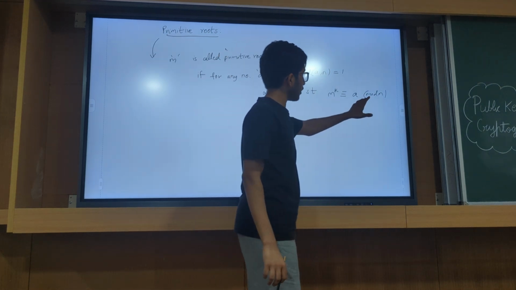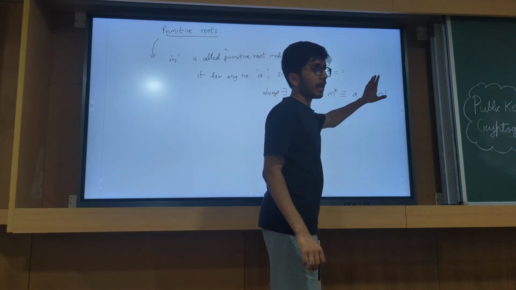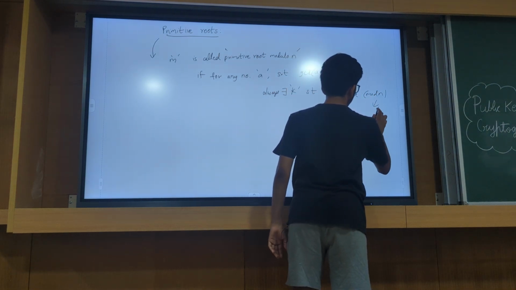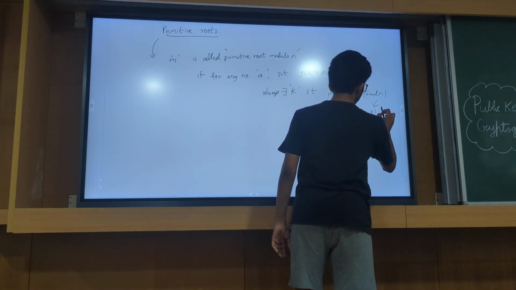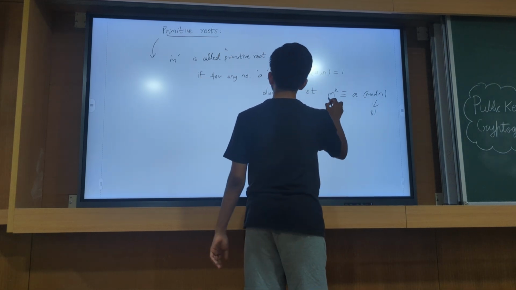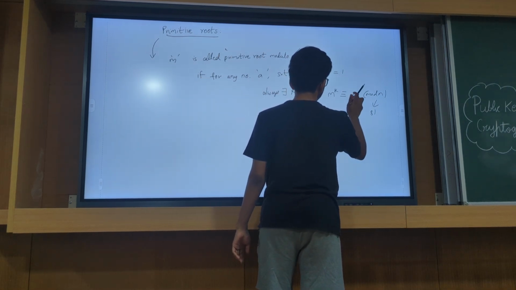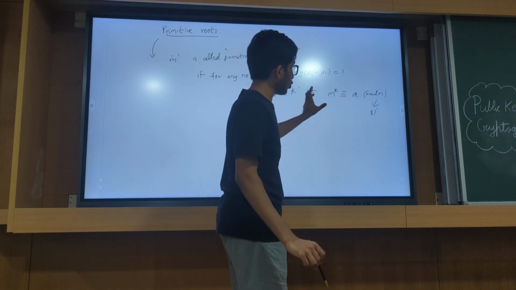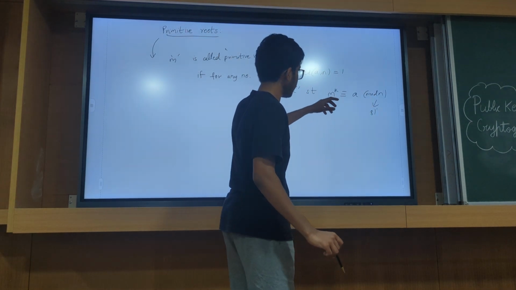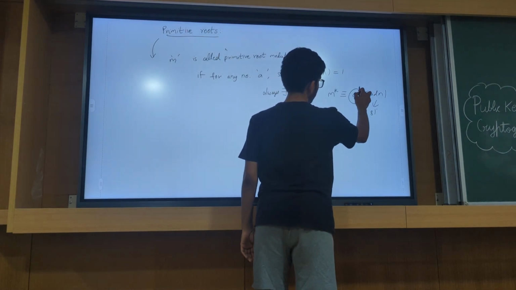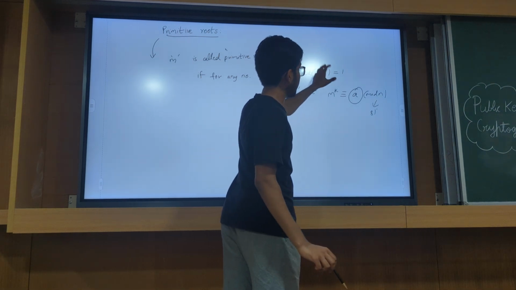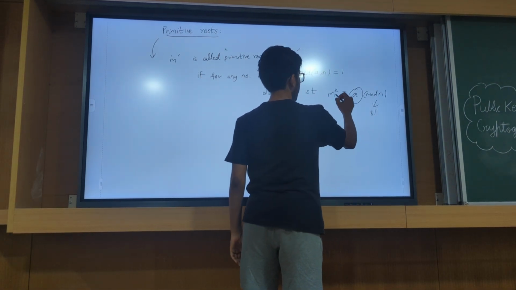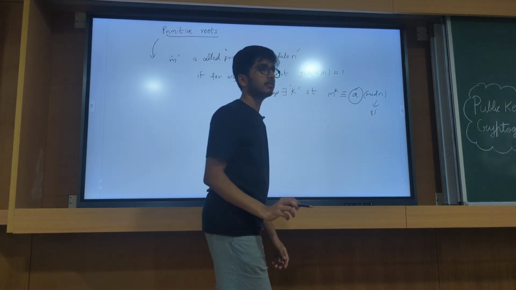So let's say you are given some natural number n, for example 81. Then a number is called primitive root modulo 81 if for any number a that you choose such that a and 81 are coprime, you will always be able to find a k such that M power k is congruent to a mod 81.